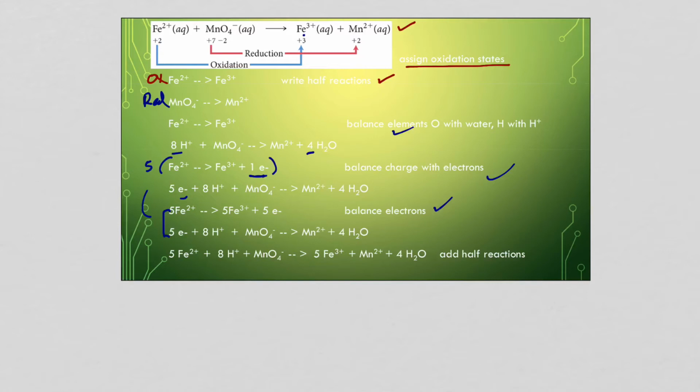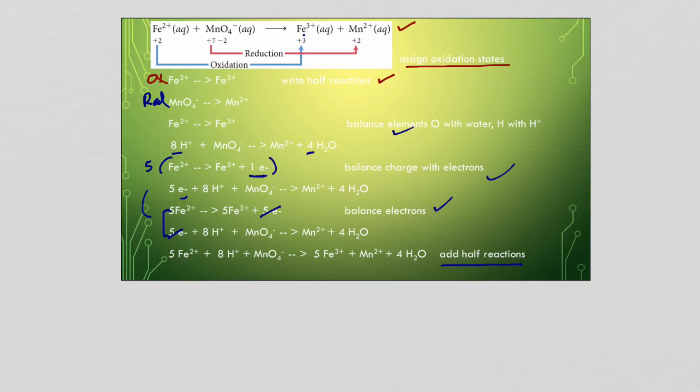Notice the electrons will cancel, because we show 5 electrons on the reactant side, 5 electrons on the product side, so those cancel. So on the reactant side, we have 5 iron 2 plus, we have 8 H plus, and we have 1 permanganate. On the product side, we have 5 iron 3 plus, we have manganese 2 plus, and we have 4 waters. And this gives me my balanced equation.